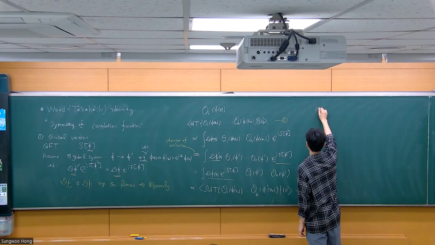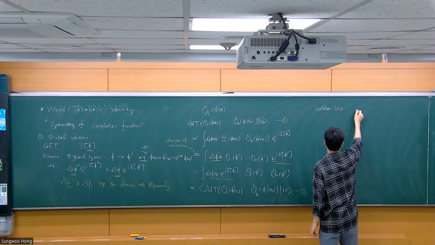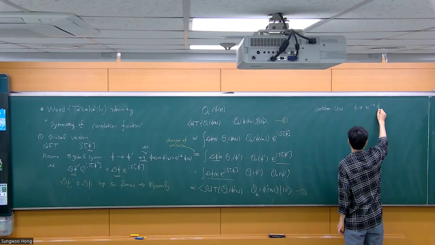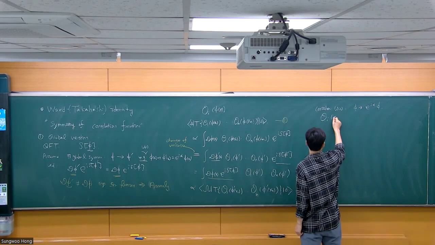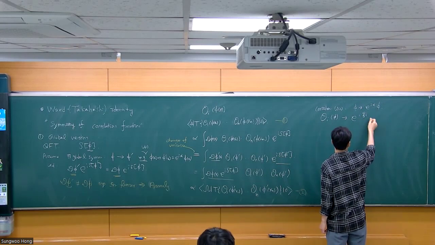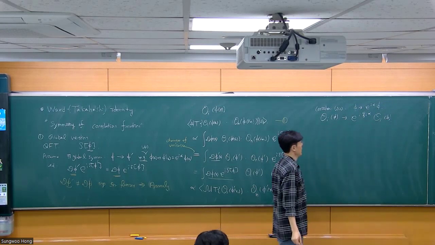So consider U1, just to be totally clear, and then suppose it just transforms like so. And in particular, let's say that O_i, which is made of phi, carries, for instance, charge Q_i.